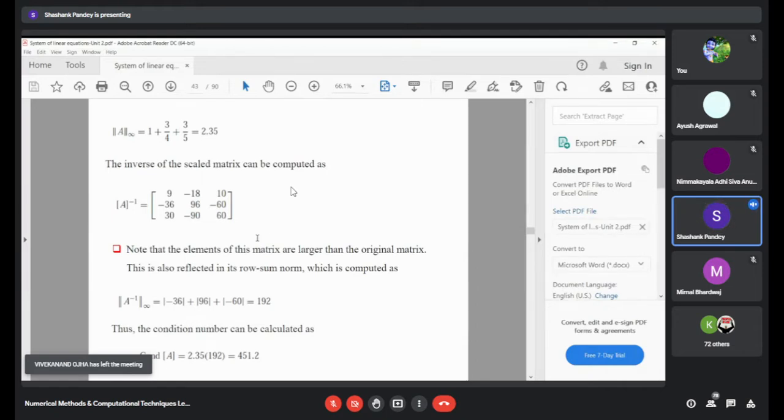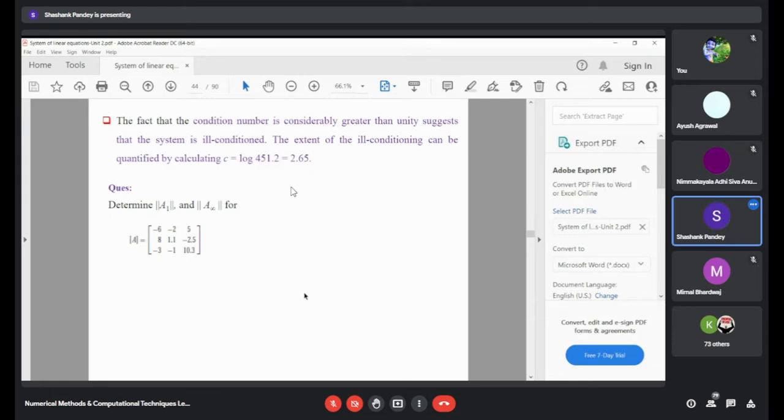Please wait for a minute. This is the inverse of a scale matrix, this is 36, 96, and this. Okay, yes, we have to normalize this also. So you normalize this also, and this is something I calculated in a different way.